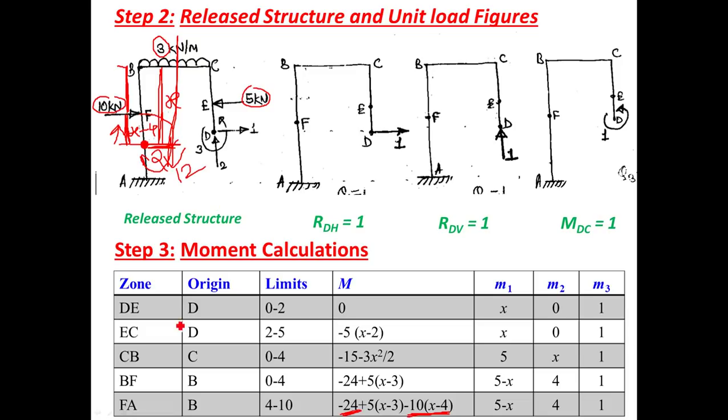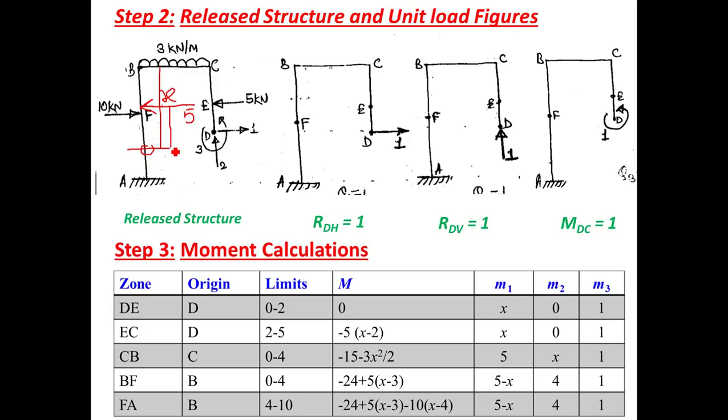Now the last moment, because of 5 kilonewton. This distance is x. If you look at the 5 kilonewton force, if you extend its line of action on the left column like this, this is the line of action of 5. Let us assume 5 is acting like this. Now what is the perpendicular distance at this point?